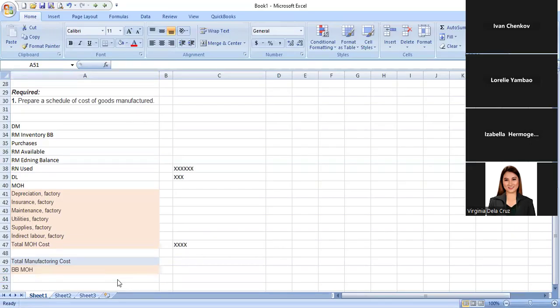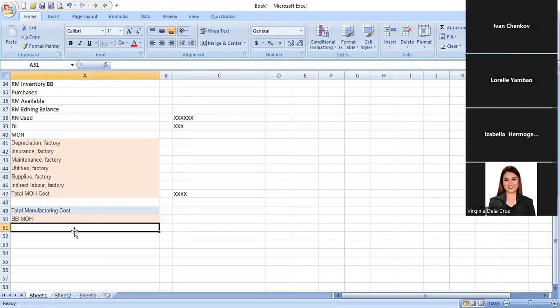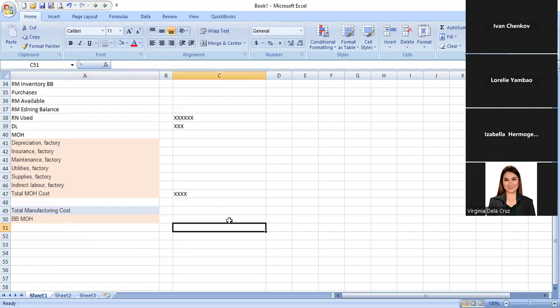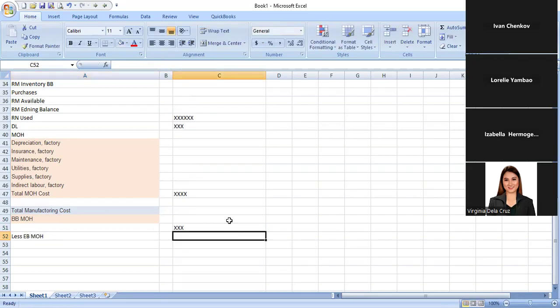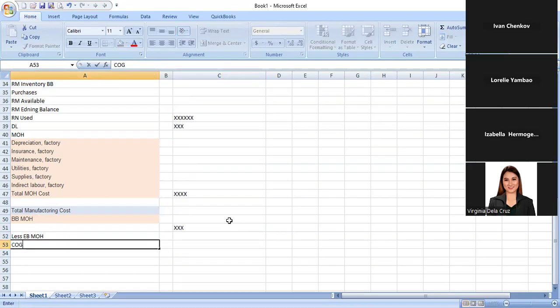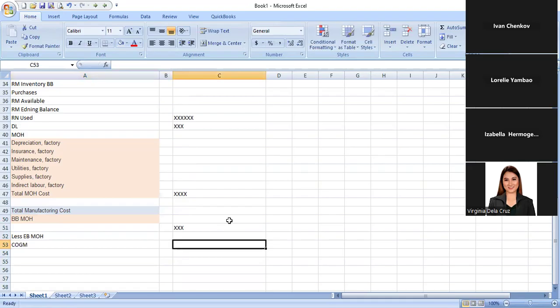And the last thing that we have to do is deduct, less, the ending balance of work in process. And you're going to get the cost of goods manufactured. That's how you get the cost of goods manufactured. That will be your schedule.